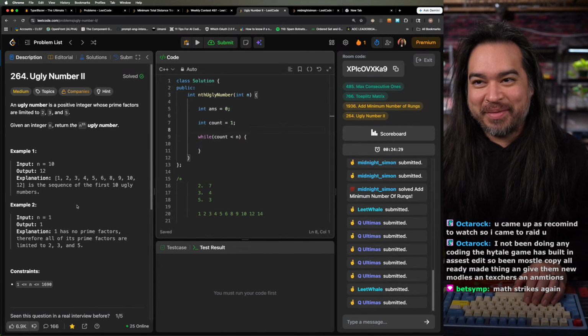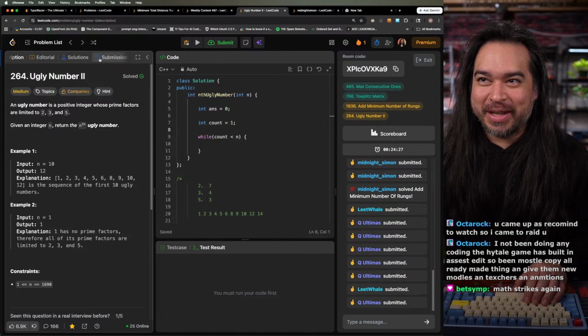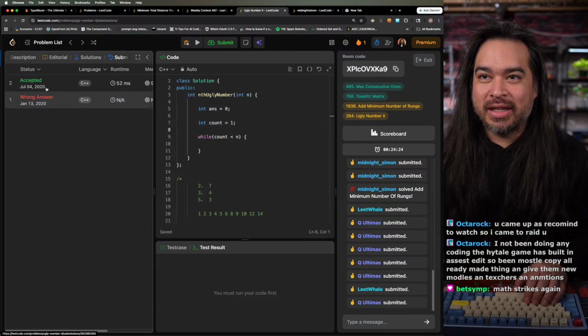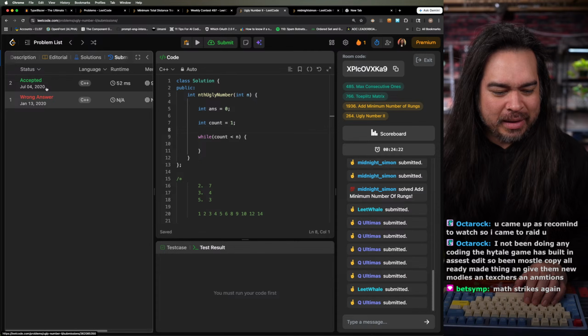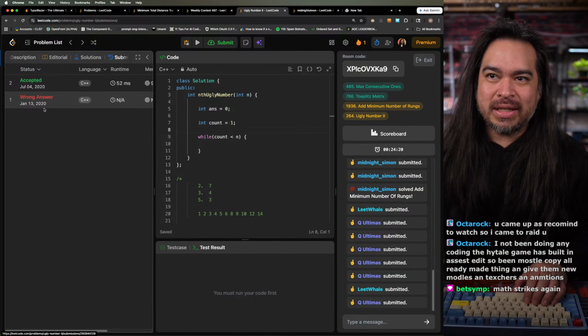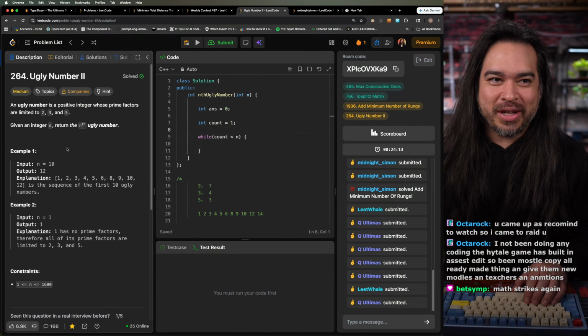Math strikes again. Hey, look at this, man. I solved this in 2020. I must have cheated. There's no way I could solve this, right? Anyways, I'm gonna try some nonsense right now.